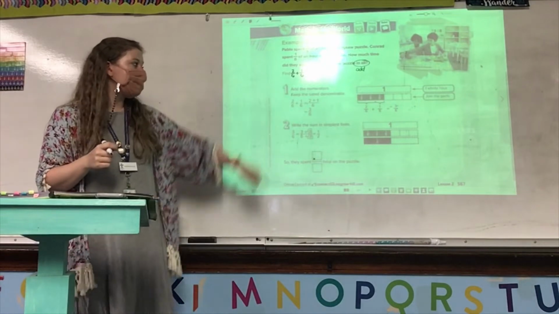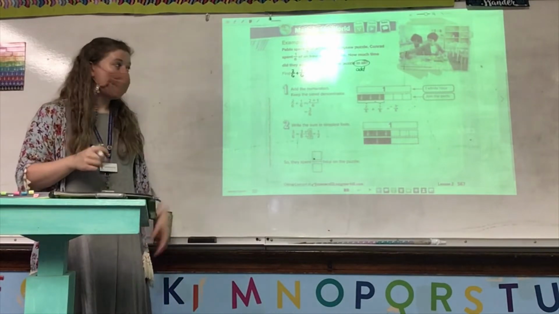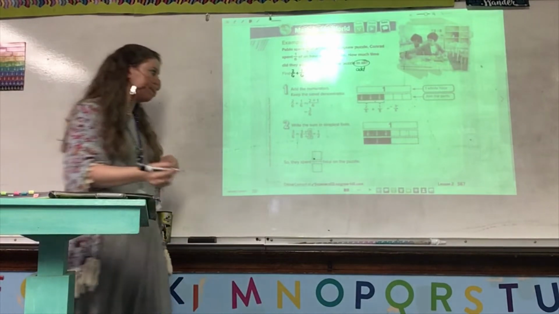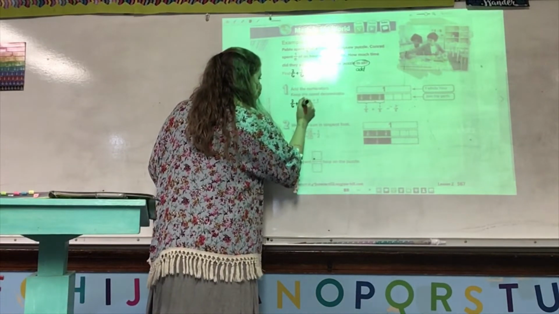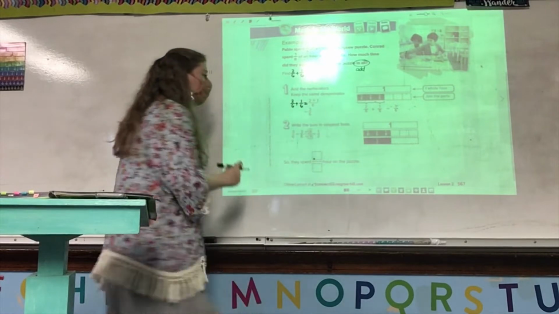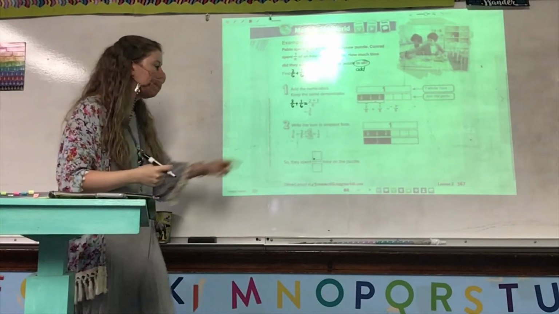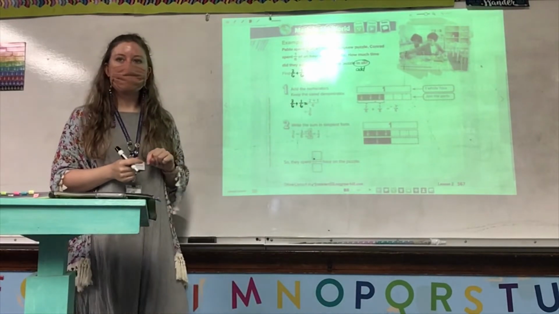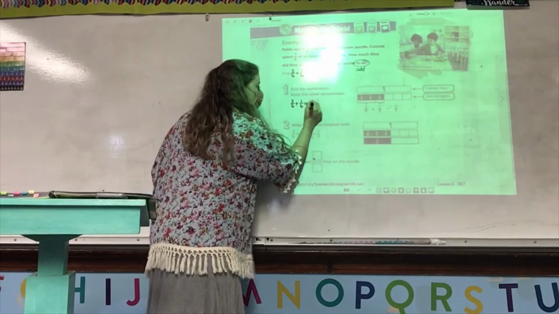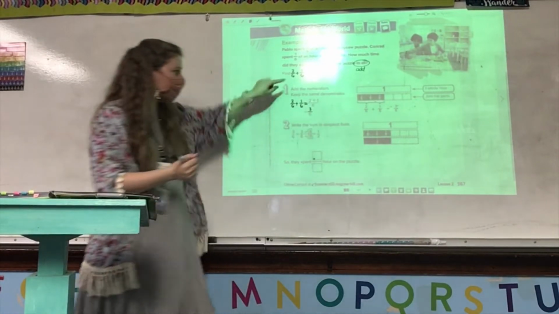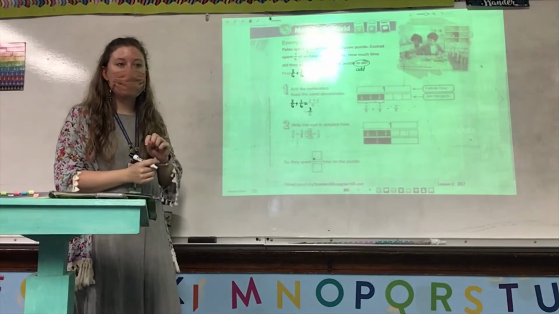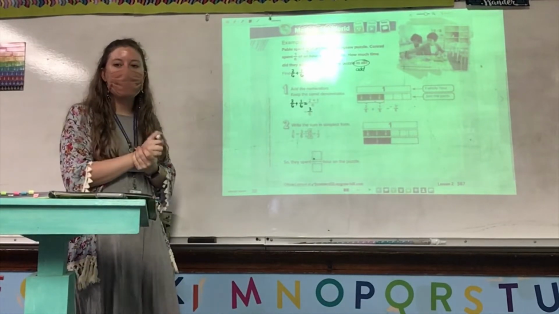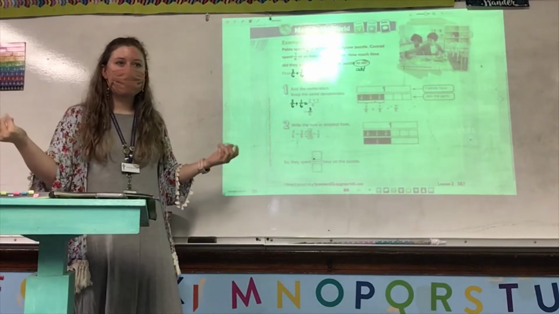So, step 1, add the numerators. Class, what's 2 plus 1? 3. Then, keep the same denominator. What's the denominator of our addends, class? 6.